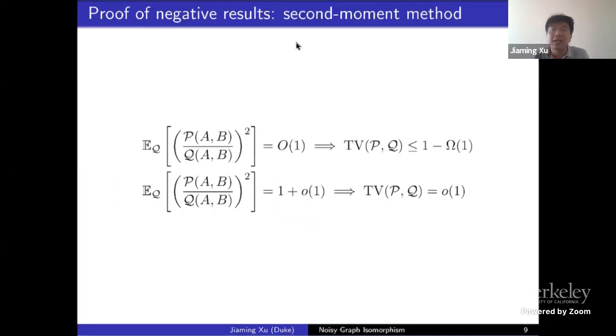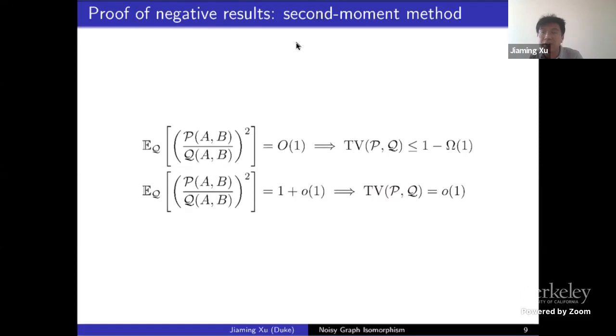But I want to mention that the proof of the negative results is much more interesting and also much more challenging, so I would like to focus on it in this talk. In particular, we apply the so-called second moment method. It is well known that if we can show the second moment of the likelihood ratio is bounded by a constant, then the total variation distance is bounded away from 1.